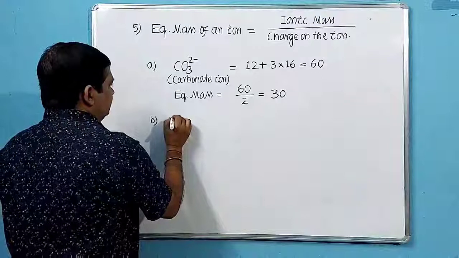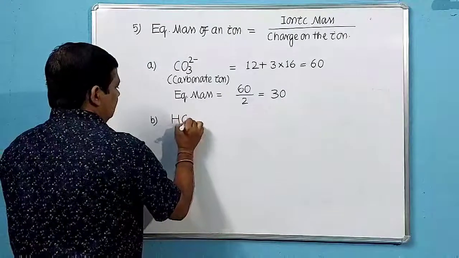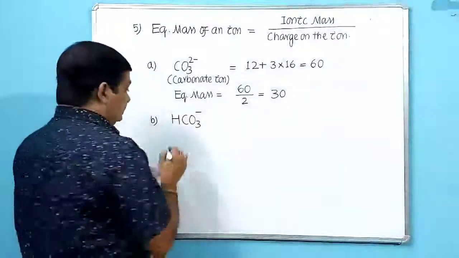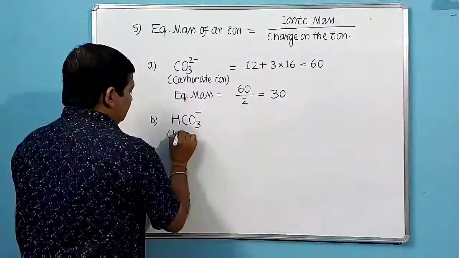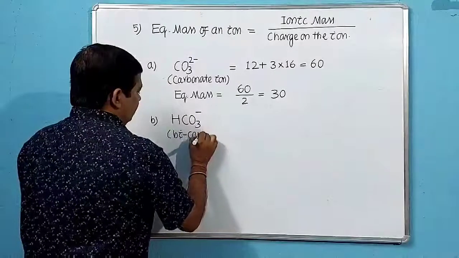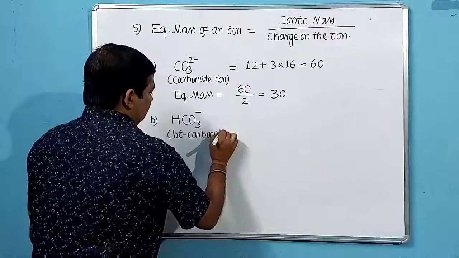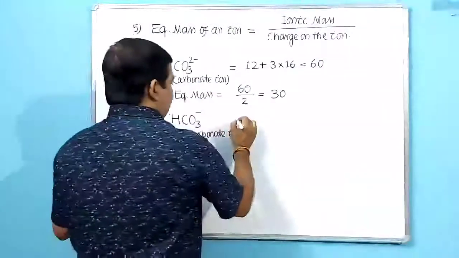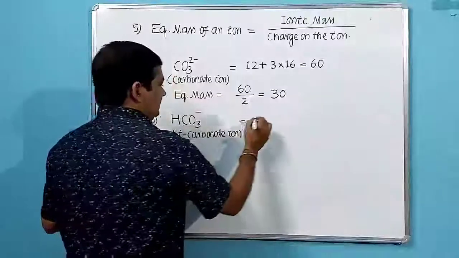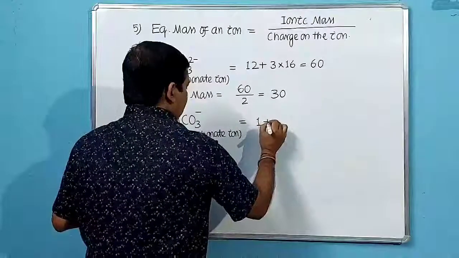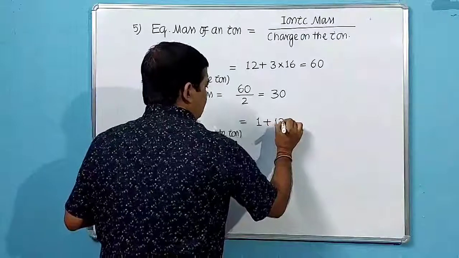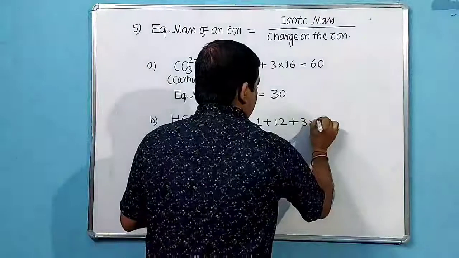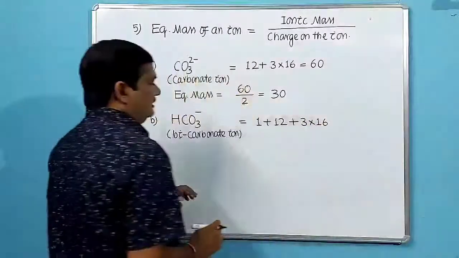Next, let us say hydrogen carbonate, HCO3 minus. Minus means 1 minus. This is called bicarbonate or hydrogen carbonate ion. Okay. Let us find out the ionic mass. Hydrogen 1 plus carbon 12 plus 3 into 16 oxygen.